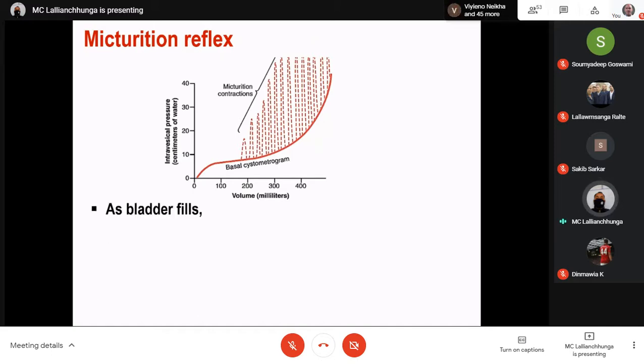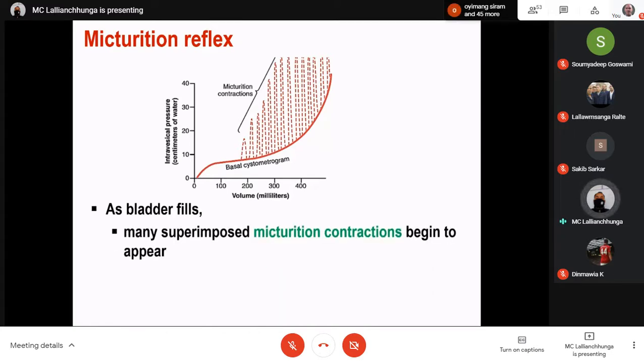So what is the micturition reflex? As the bladder fills, many superimposed micturition contractions begin to appear. In the bladder you can see these micturition contractions, shown by the dashed spikes.